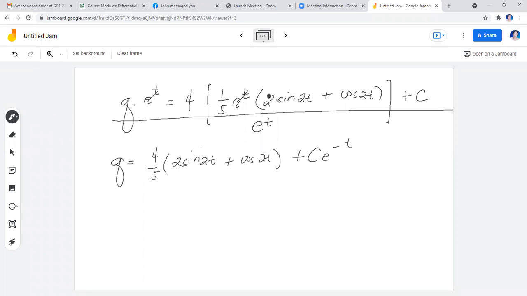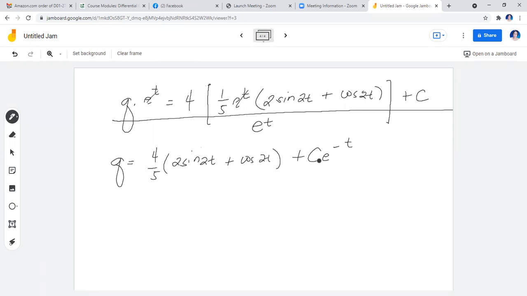You get it? So this will be c e raised to negative t because we are dividing by the exponential function e raised to t. Now, this formula would have been a complete formula if not for this arbitrary constant of integration. So we need to determine the value of this. That way, we will have an exact formula for the charge.